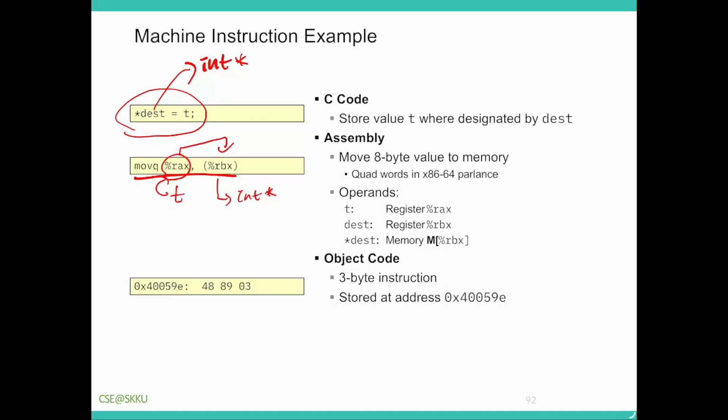And when you have parentheses around the register in this x86 assembly notation, it means that the value stored in the register is to be used as a pointer. So this is not just a register to register movement. This is a register to memory operation. We're moving an 8-byte value to memory with this instruction.